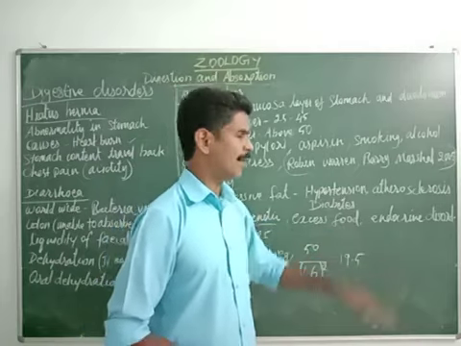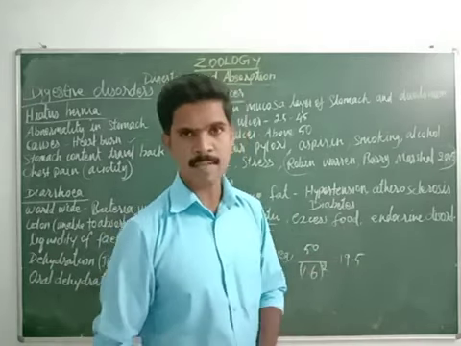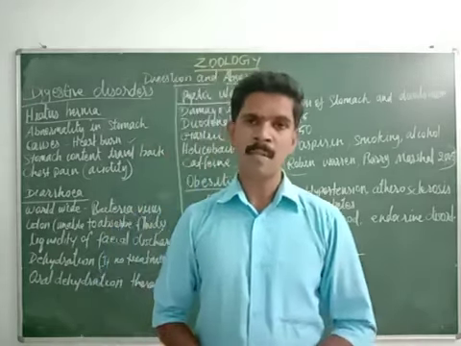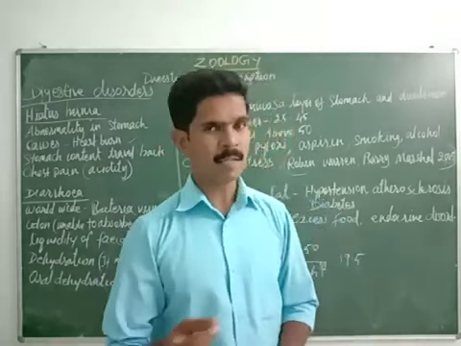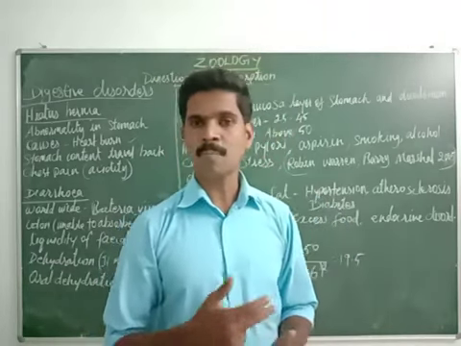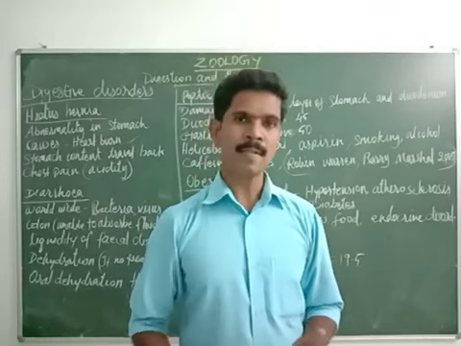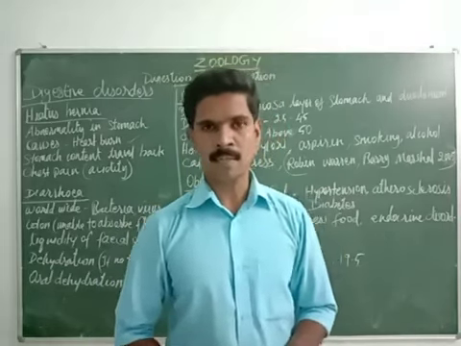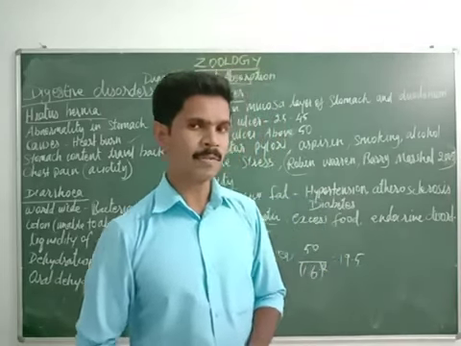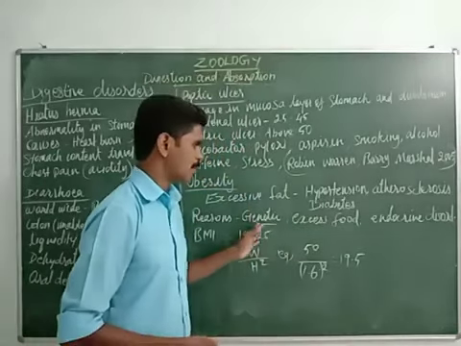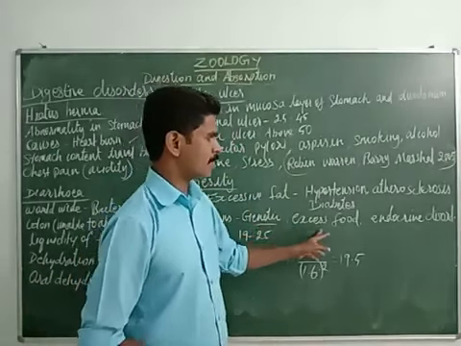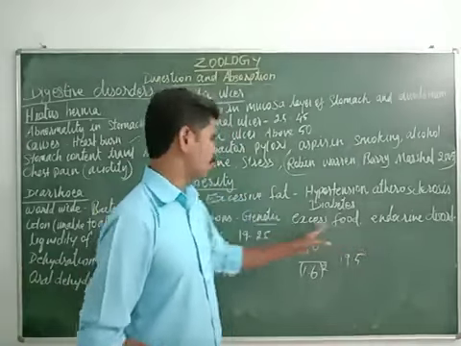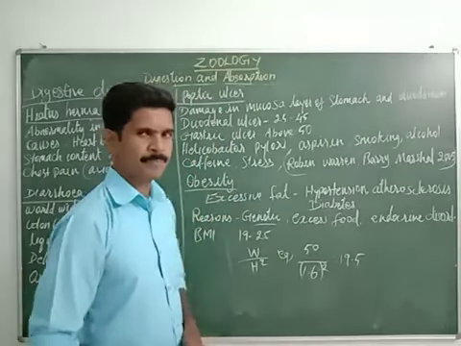And the third reason is endocrine disorder. The endocrine system is one of the important systems present in our body, and its main function is secreting hormones. So if any problems occur in the endocrine system or the glands present in it, this leads to obesity. Understand? So genetic factors, intake of excessive food, and endocrine disorder are the reasons for obesity.